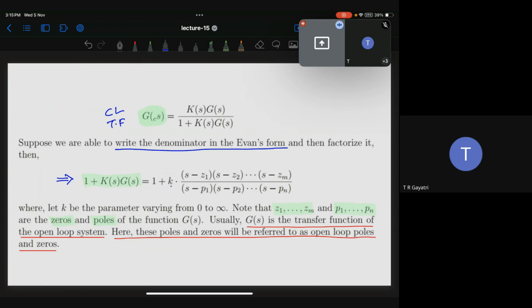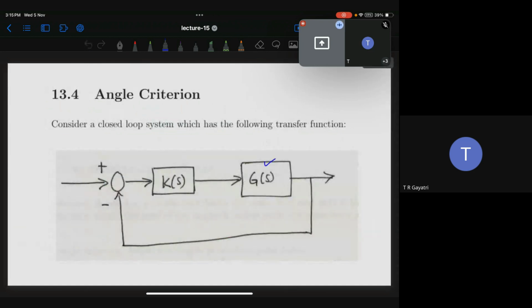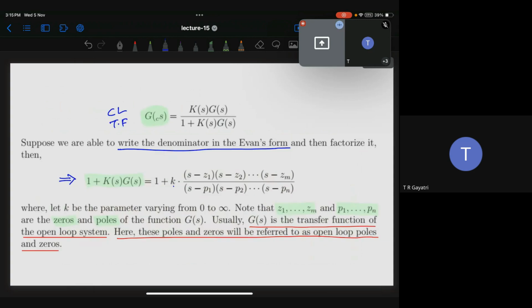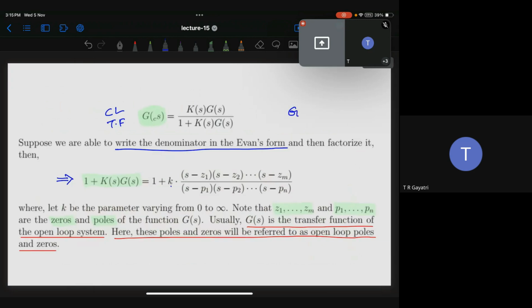Here g of s is the transfer function of the plant, which has both a numerator and a denominator. So we can write that g of s by finding its poles and zeros. What are the zeros? Zeros are nothing but roots of n of s equal to 0.